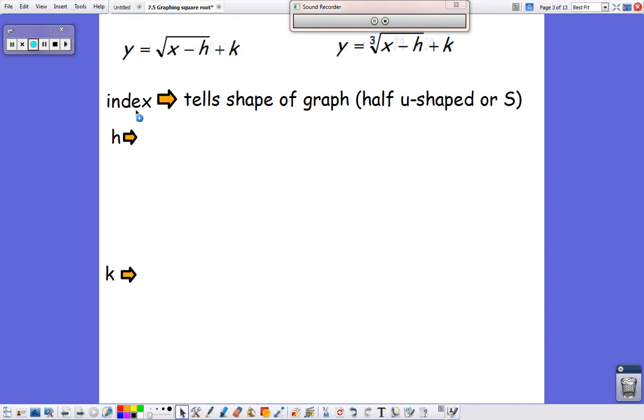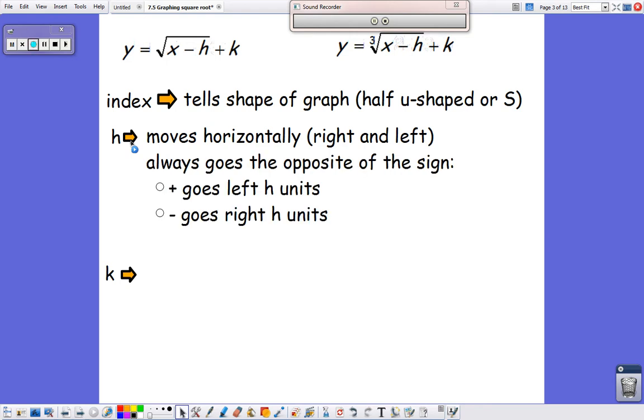Okay? The h, on the other hand, is going to tell me how the graph moves horizontally. In other words, how the graph moves left to right. Now, this is where it does get a little tricky. If you remember back in unit 1, when we were graphing absolute value, the h always lies to us.